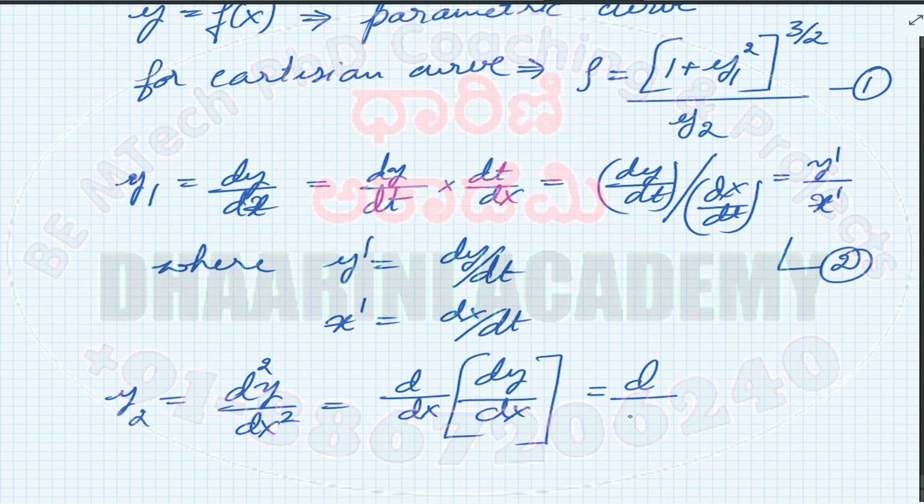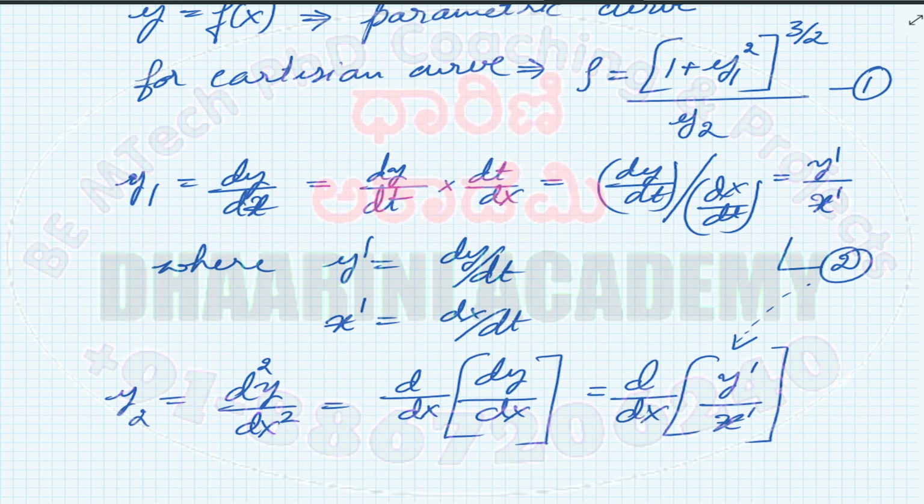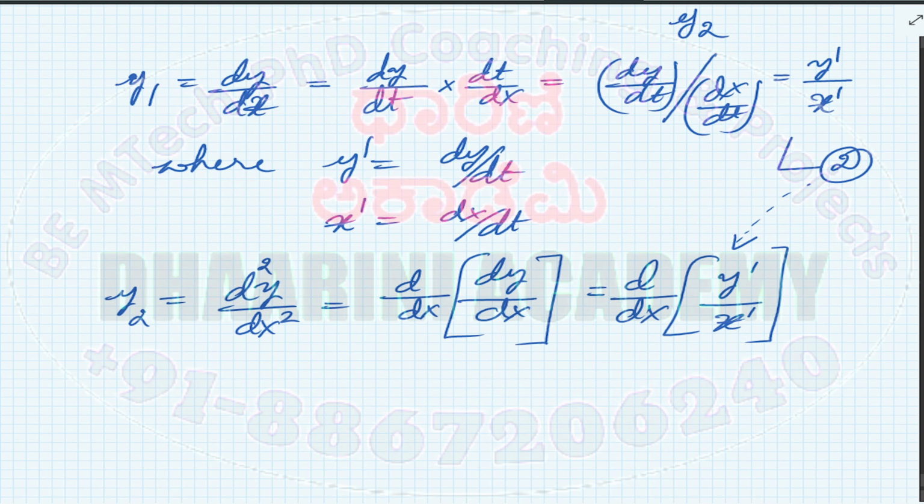So write the outside d by dx as it is, and inside write dy by dx from equation 2, which is y dash by x dash. So this d by dx has to be performed in such a way that, since this is a function of time, I should bring the time over there.